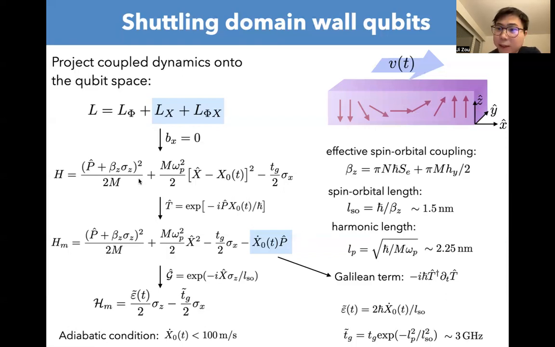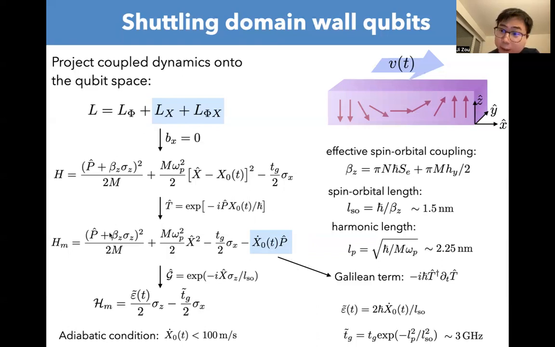And to study this kind of shuttling effect, it's better to move into a frame that is moving together with the domain wall. So to do that, we perform a unitary transformation. It's basically a displacement operator, and this would give us a term that is proportional to the velocity.